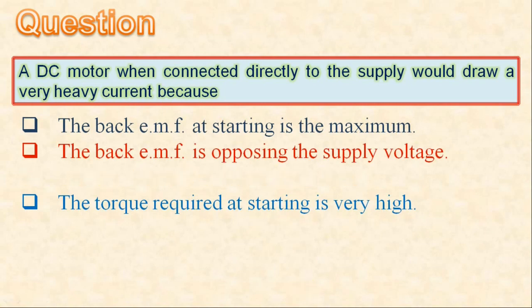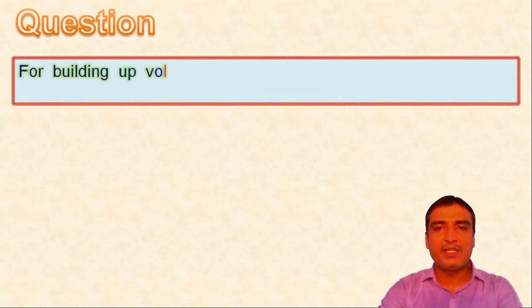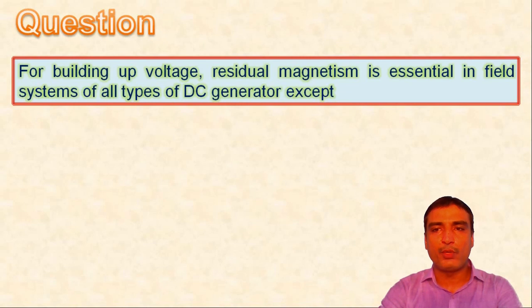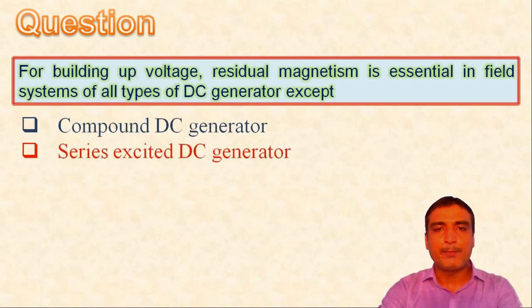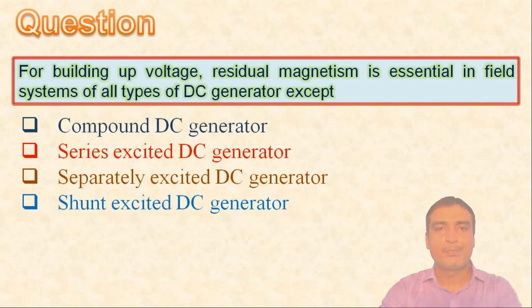Next question is, for building up voltage, residual magnetism is essential in field systems of all types of DC generator except. The options are compound DC generator, series excited DC generator, separately excited DC generator, shunt excited DC generator. This is also a very simple question.